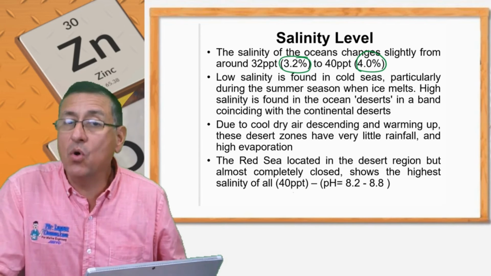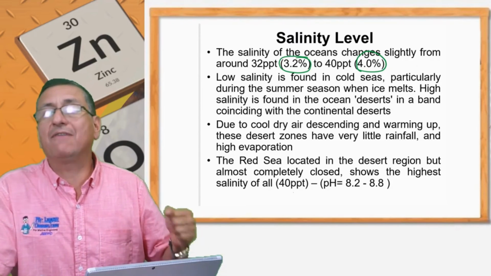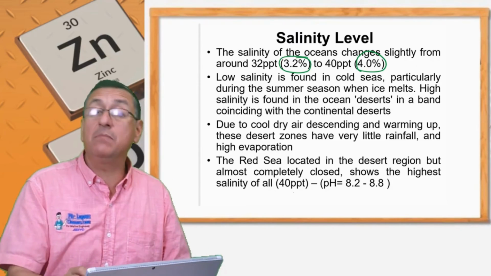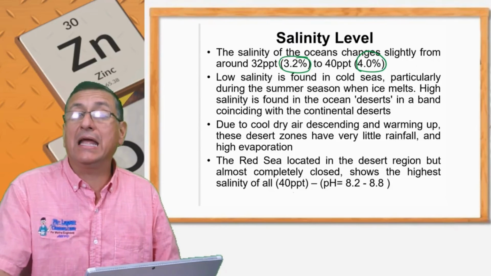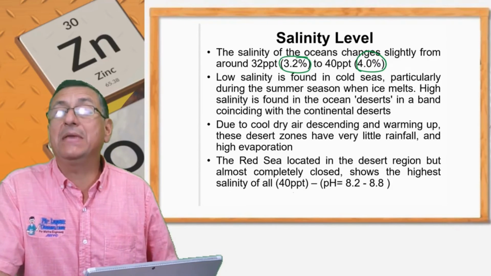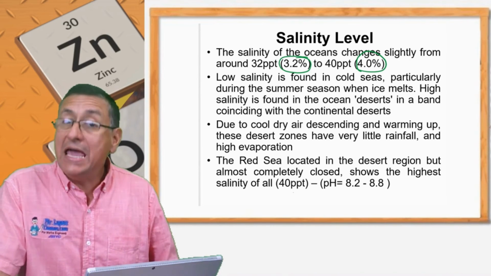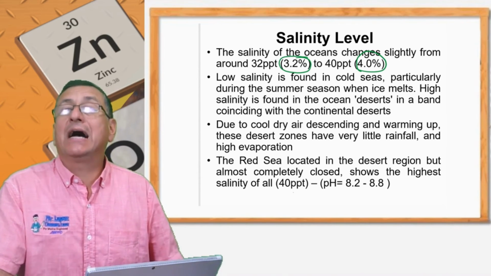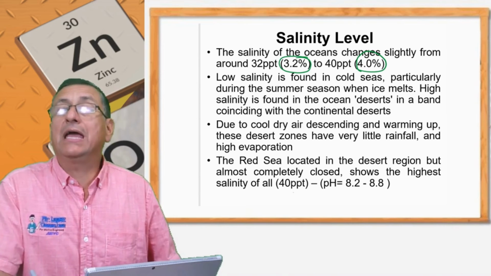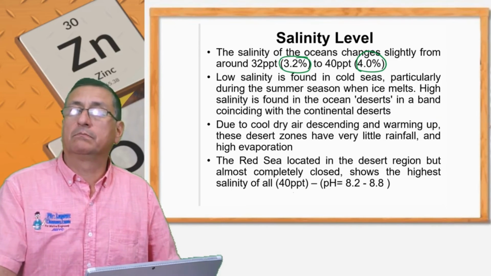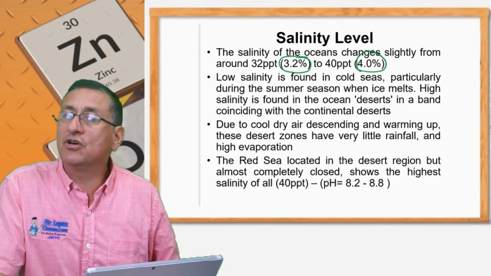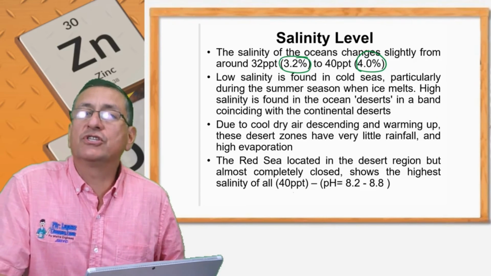And the pH of the salt water, when the salt water has high salinity, is in between 8.2 and 8.8. Yeah, the pH of the water with high salinity is around 8.8. You remember the pH of the fresh water? 7.0.